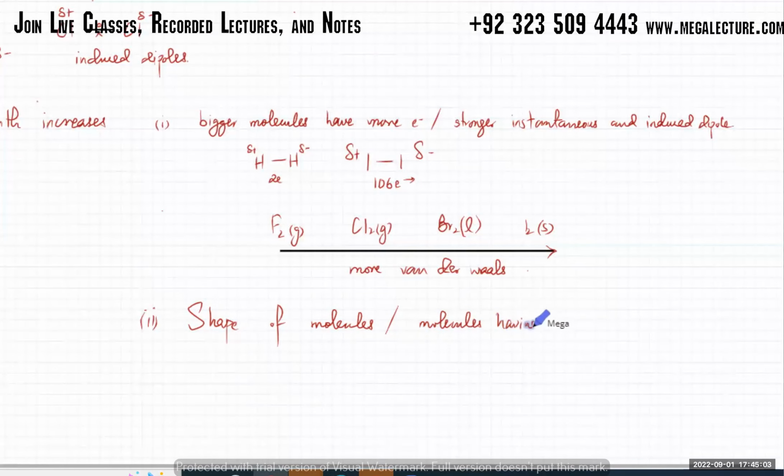So molecules having more surface area will basically have more collisions.